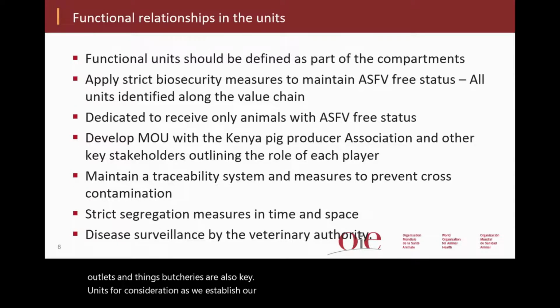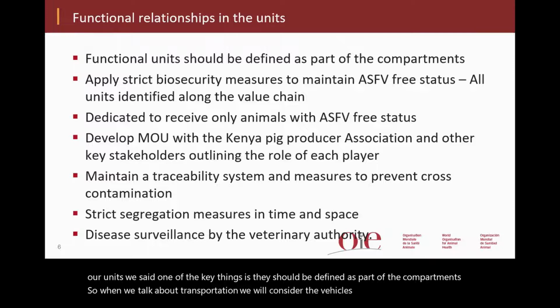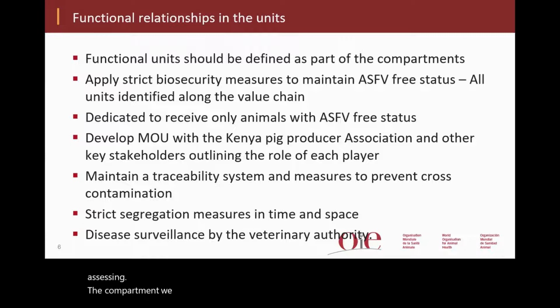For the functional relationships of our units, we said one of the key things is they should be defined as part of the compartments. So when we talk about transportation, we will consider the vehicles or the transport modes that are going to be used in our compartments as part of our compartment, so that when we are assessing the compartments, we consider the standards that they must meet.